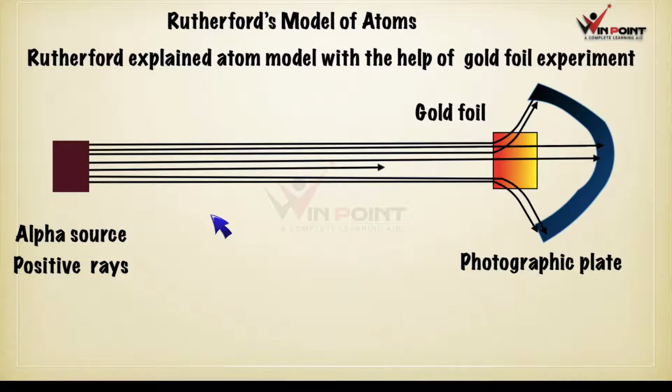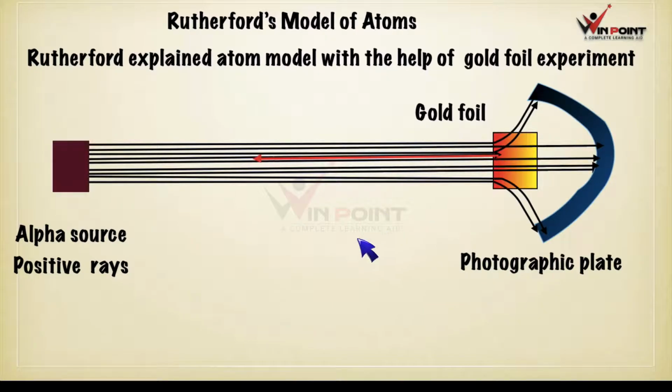Very few alpha particles are bouncing back. So most of the alpha particles traveled without any deflection, some deflected in small angles, and very few reflected back. These are the observations of the alpha scattering experiment.